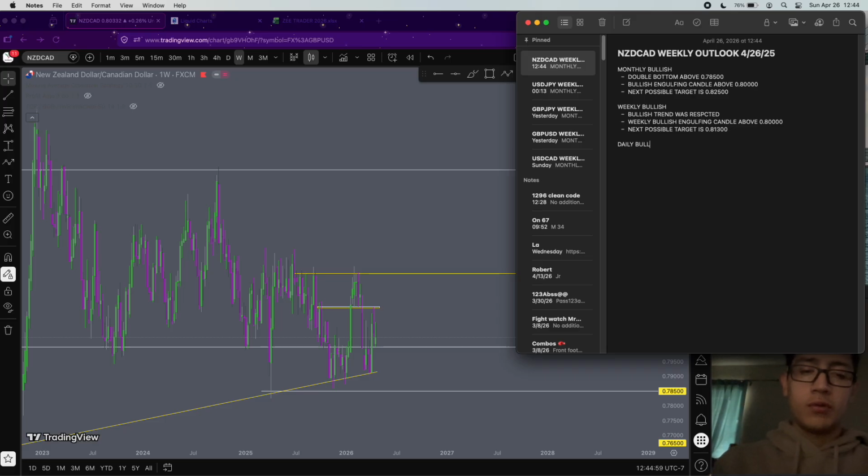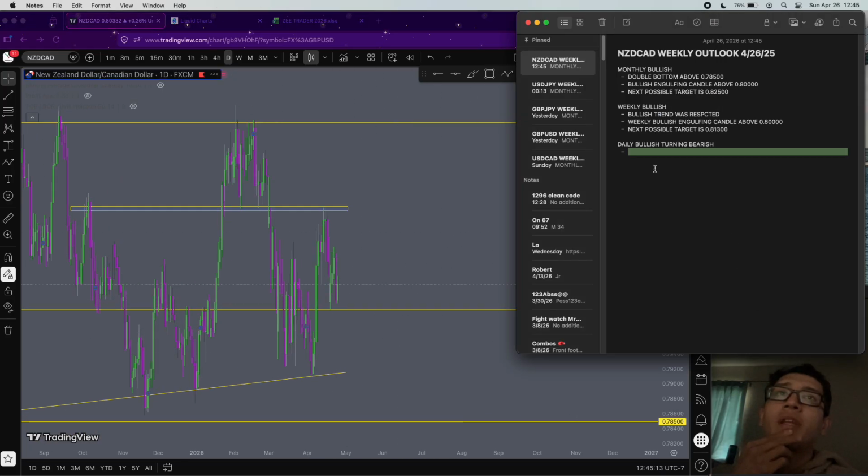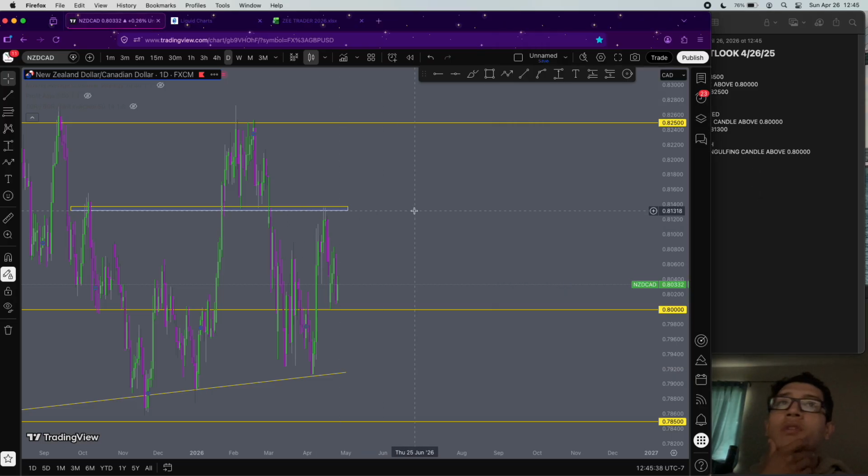On the daily, we're bullish, but we're turning bearish. You can see we do have a daily bullish engulfing candle above 0.80 and the higher low. So we have a higher low and bullish engulfing candle above 0.80, but price failed to break above 0.81300.